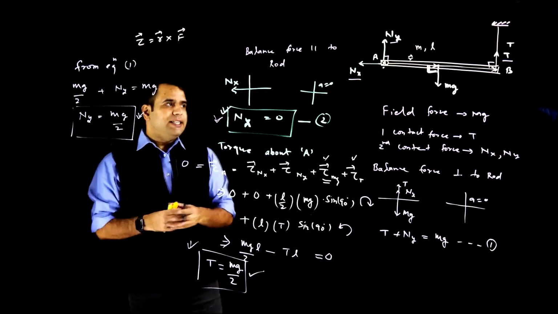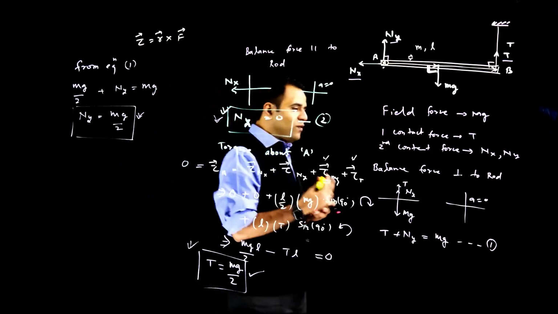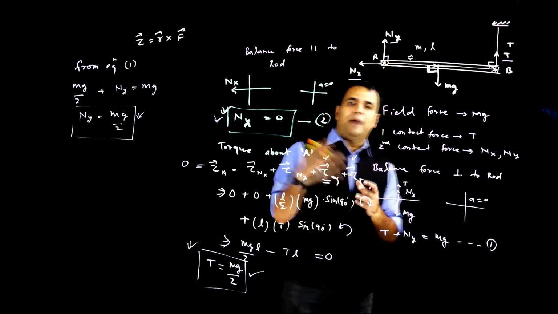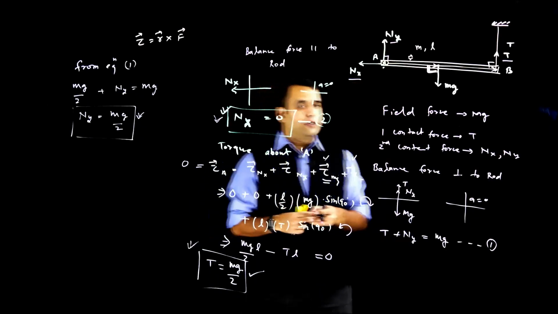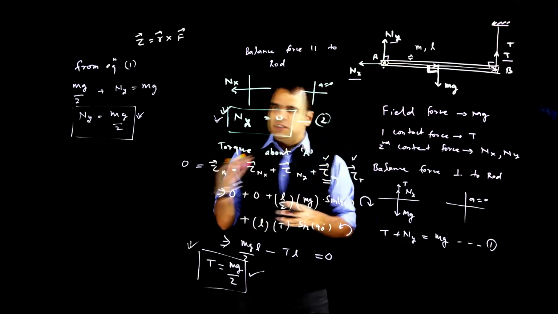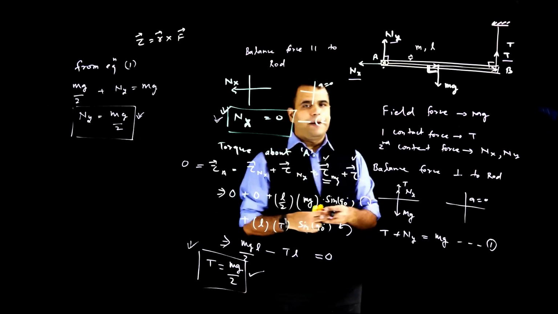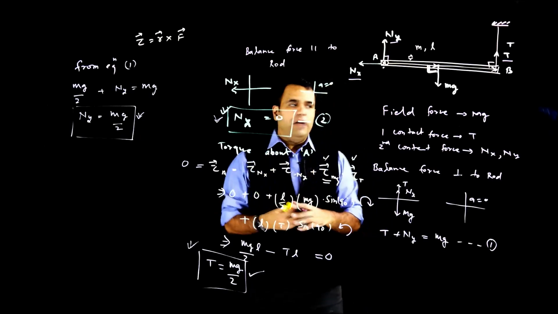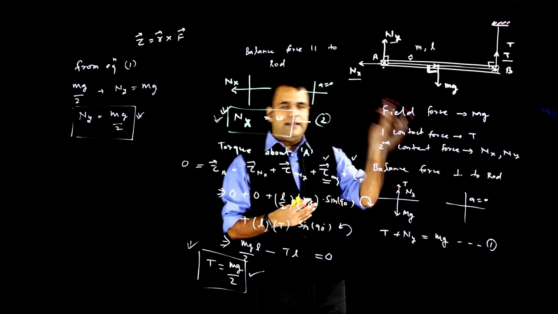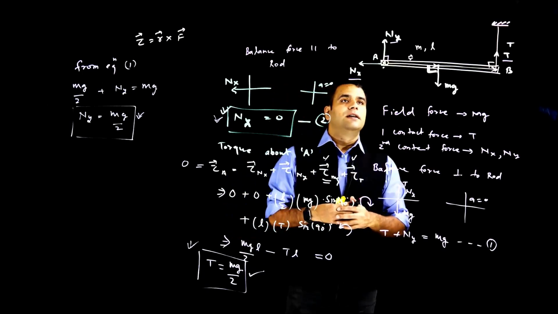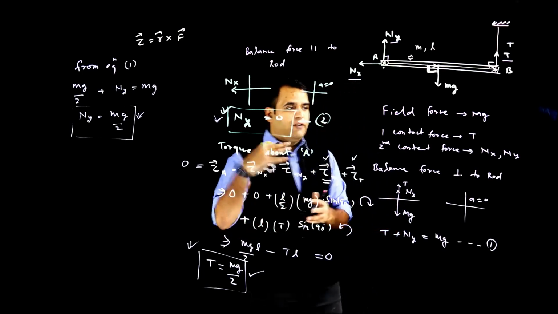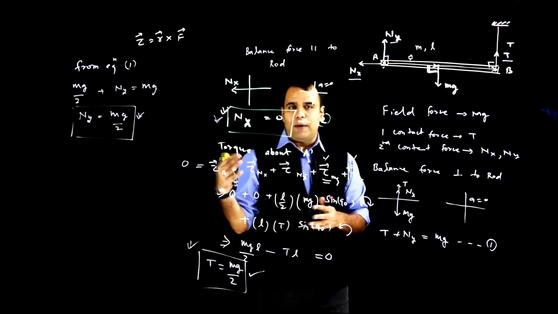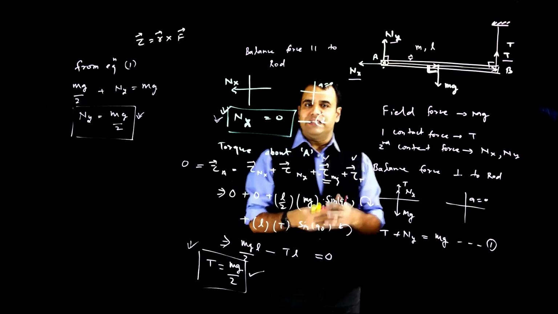Now you can see, whenever there is a rigid body in a balanced state, there will be some forces we might not be able to calculate using just Newton's law, because Newton's laws are applicable only for single points. In a rigid body, or a collection of points, there are infinite points, and to apply Newton's law you would have to apply it infinitely many times, which is not physically possible.